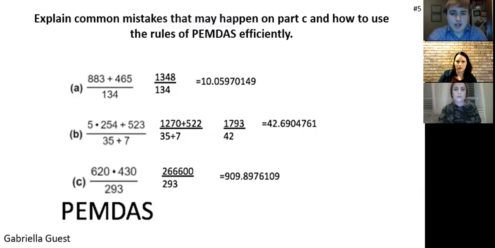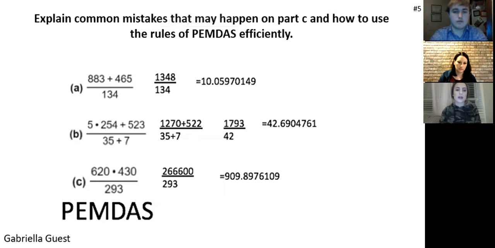Explain common mistakes that may happen on Part C and how to use the rules of PEMDAS efficiently. Okay, so on the Part C, some people who don't really know much about PEMDAS, or even if you do know and you just forget, you might divide 620 from 293 first and also divide 430 by 293.